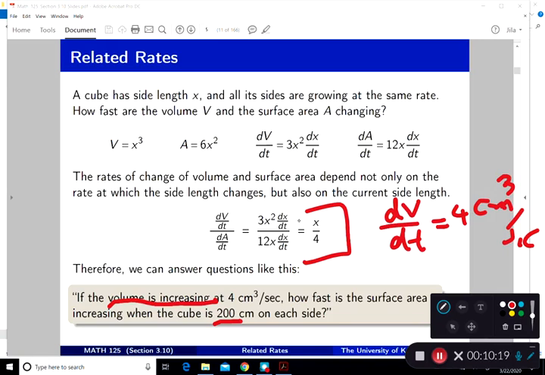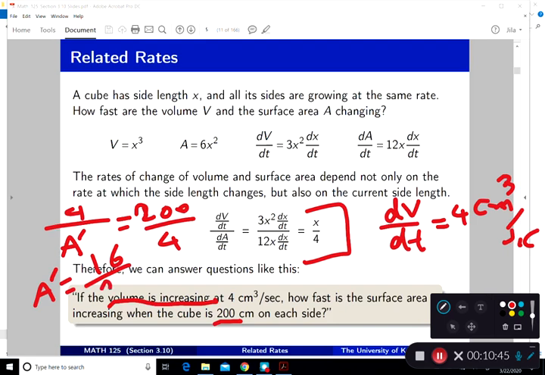So I have 4 divided by A prime is equal to 200 divided by 4, and this way I can calculate the value of A prime, which is 16 divided by 200.